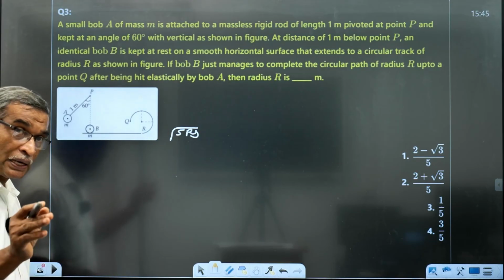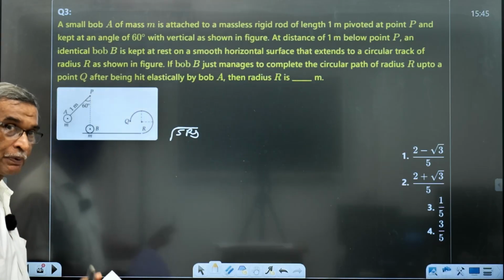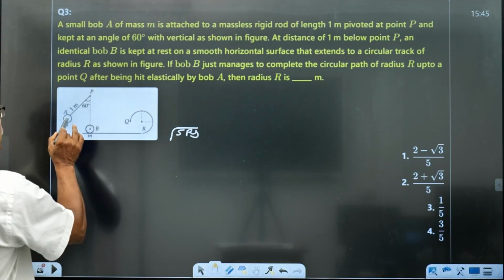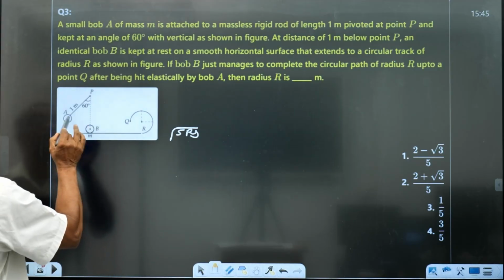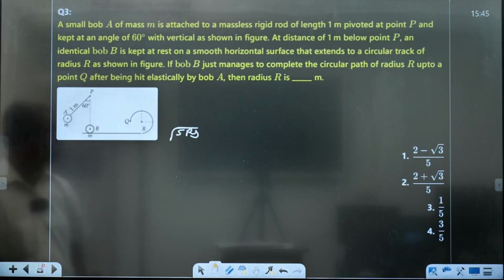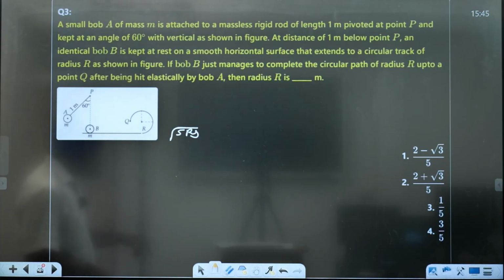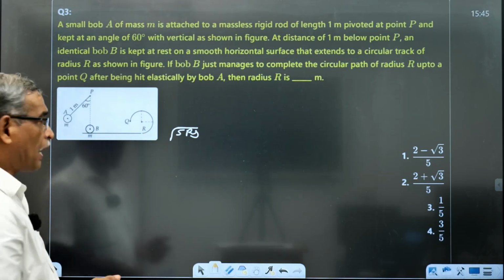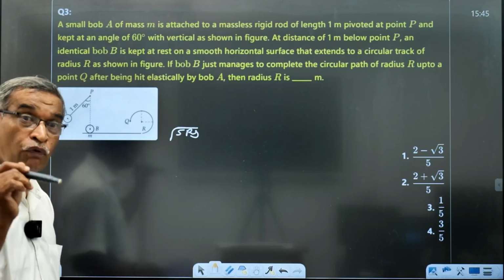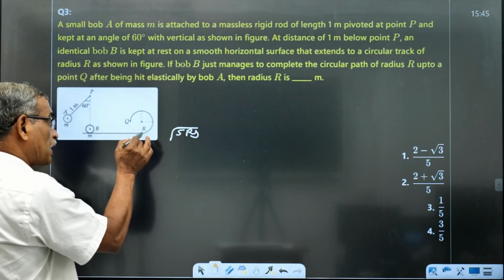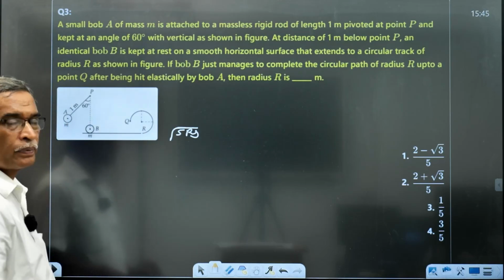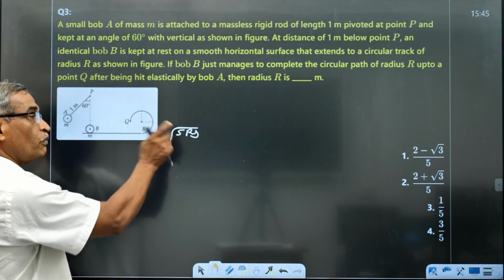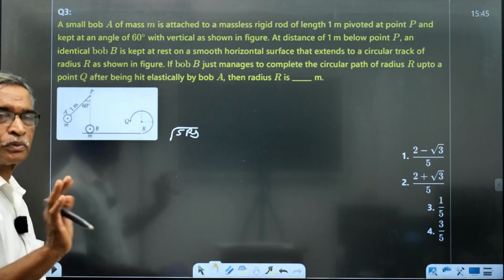Now, due to this elastic collision, whatever energy is lost by A when it falls from here to here, that potential energy is gained by B. Whatever potential energy is lost here becomes the kinetic energy of this body at the bottom. Due to that kinetic energy, it has a velocity of root of 5Rg, so that it takes up vertical circular motion.